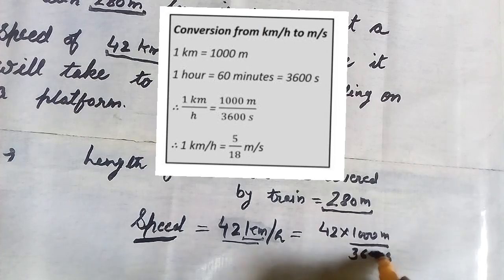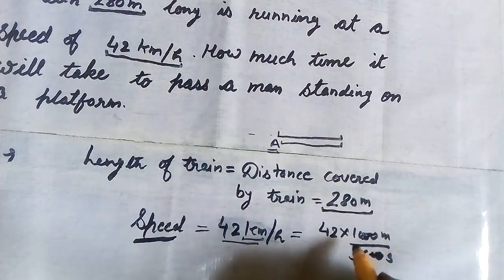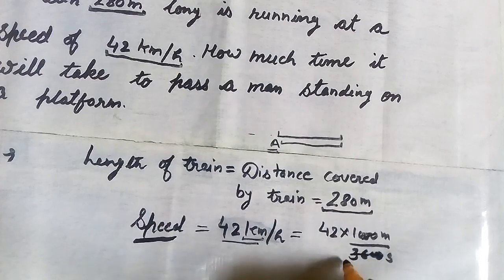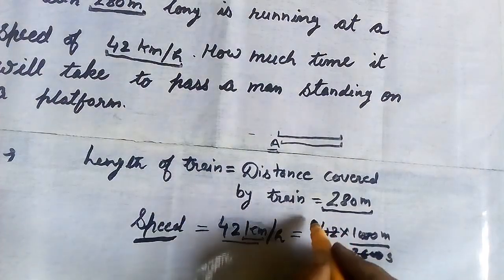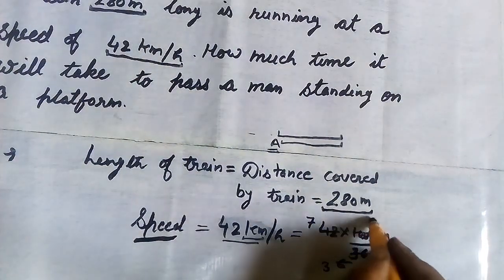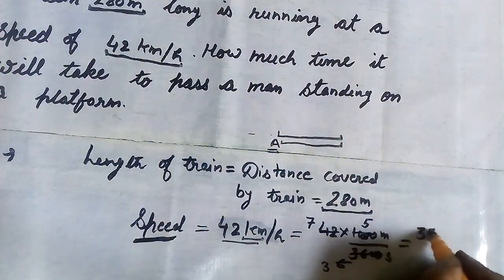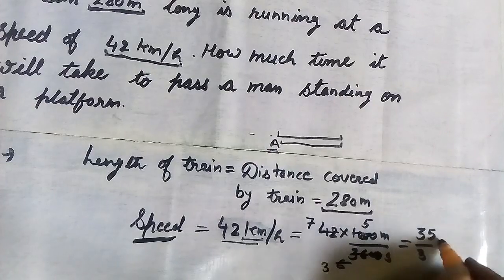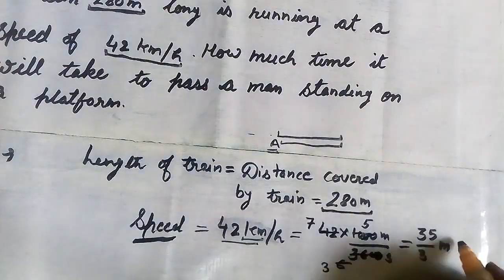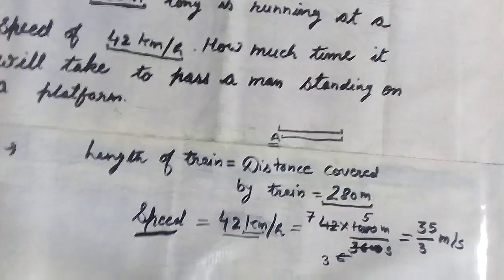Now simplify it. Divide by 100 first of all, 2 zeros will be cancelled, then 6 6s are 36 and 6 7s are 42, 2 3s are 6 and 2 5s are 10 and 7 5s are 35 upon 3. Now meter per second will be the unit of the speed of the train.